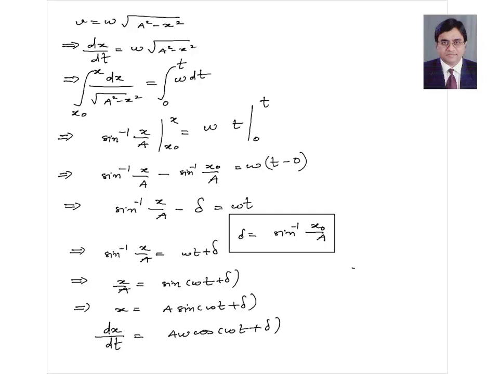Now that's a general result, not only valid for a spring particle system, any SHM. And you know the maximum value of cos function. Maximum value of cos function is 1. So the maximum value of V is A omega. Right? So A omega is the maximum value of V.